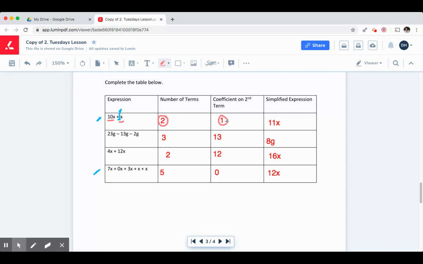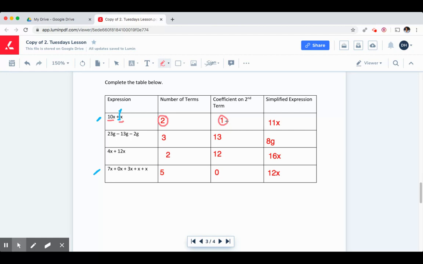It has no value. So the number of terms, 1, 2, 3, 4, 5. We have 5 terms being separated by addition signs. The coefficient on this second term is 0. The term has no value, but the coefficient is still 0.